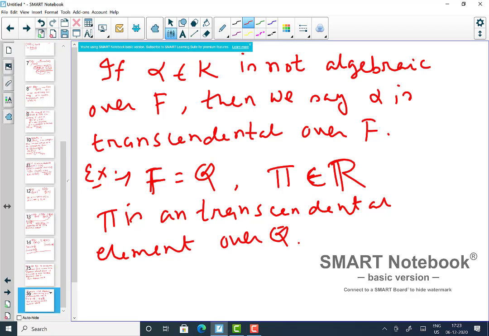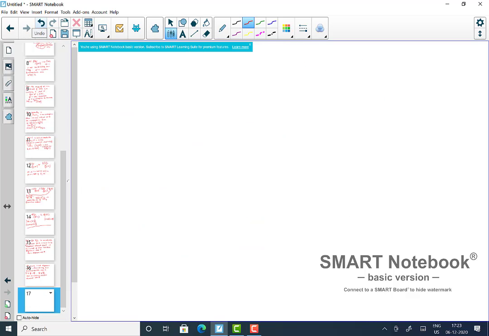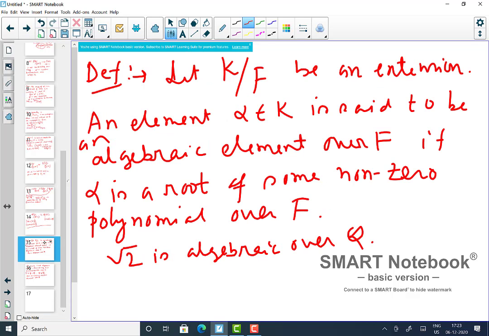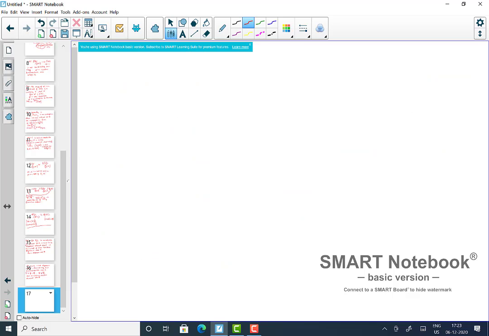So now I need to define something. Whenever you have an algebraic element, then there exists a polynomial having a very nice property, and this polynomial is called the minimal polynomial. Let me define it.